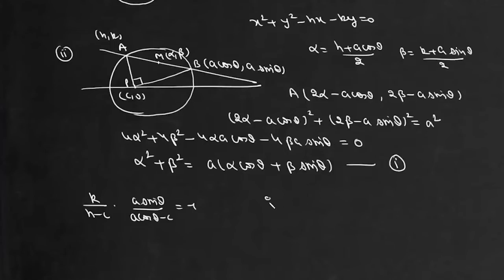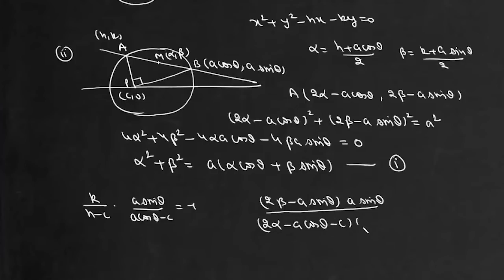So it will be 2 beta minus A sin theta into A sin theta upon H minus C. So it will be 2 alpha minus A cos theta minus C into A cos theta minus C, and this is equal to minus 1.